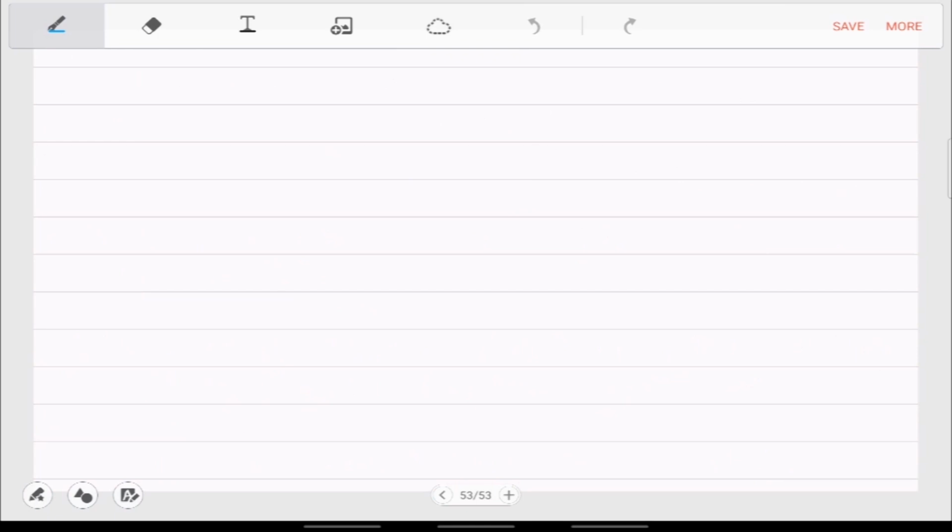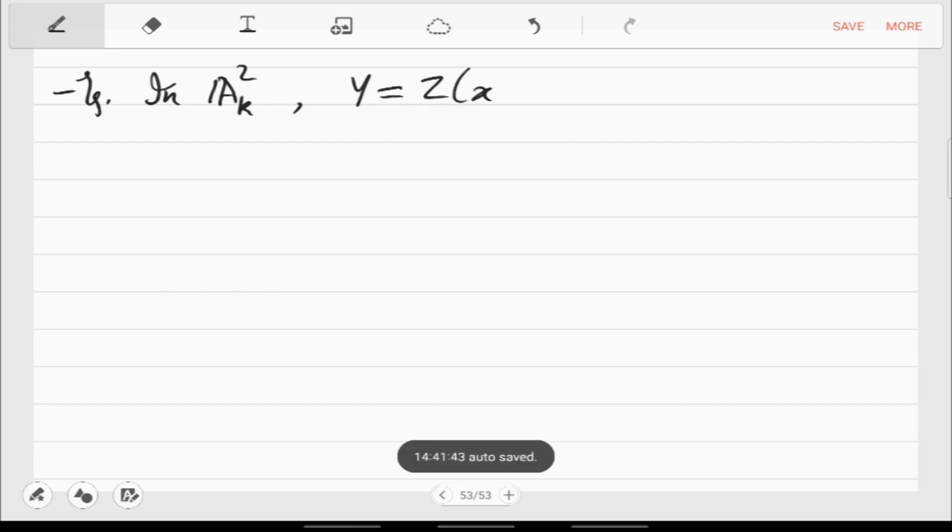Yeah, let's see a quick example. In the affine plane, let's look at the affine variety x2 squared minus x3 minus x1 cubed.